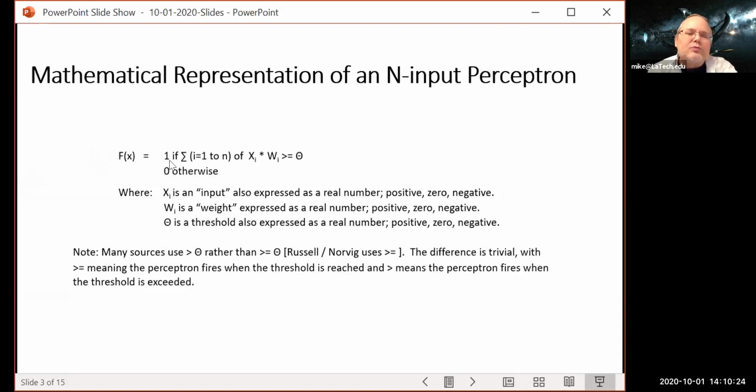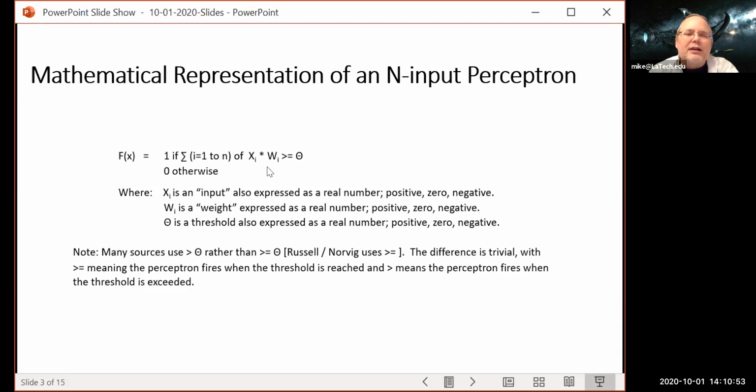And in what case will it have a 1 as an output? Well, where the sum, as i goes from 1 to n of x sub i times w sub i, the input times the weight, if the sum of all of those is greater than or equal to, that's not a 0, that's a theta or threshold, then the thing fires. You can see in your mind how you would program this, right? You have a little for loop.